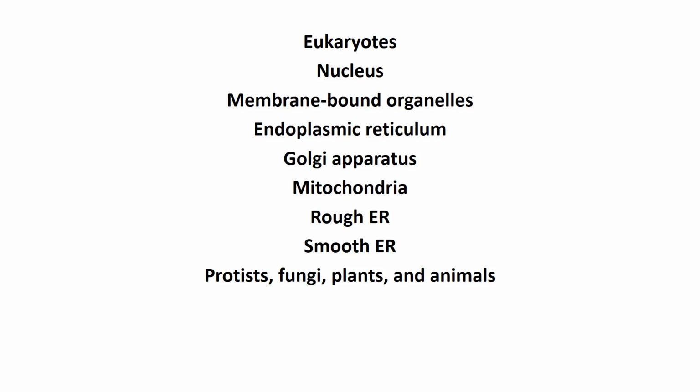And we noted that there are 2 types of endoplasmic reticulum, or ER. There's the rough ER, and there's the smooth ER. And the rough ER is covered in ribosomes. Eukaryotes belong to 4 of the 6 kingdoms of life. Protists, fungi, plants, and animals are all eukaryotes.